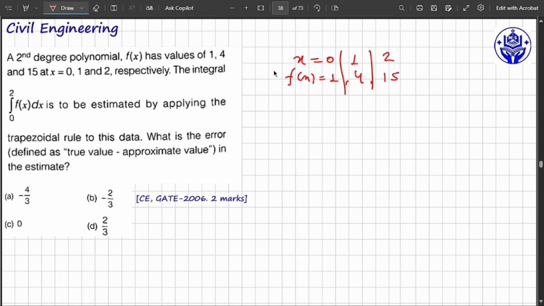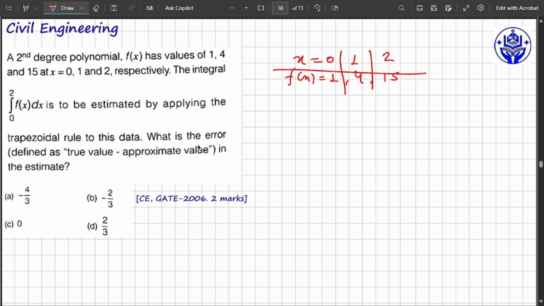The integral from 0 to 2 of f of x dx is to be estimated by applying the trapezoidal rule to the data. The error is defined as true value minus approximation value.